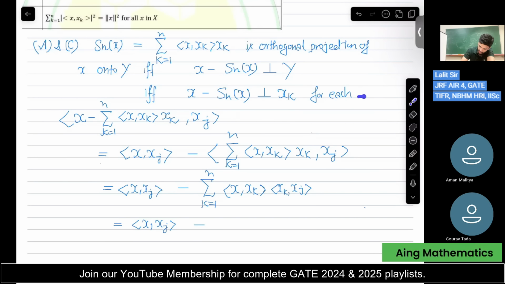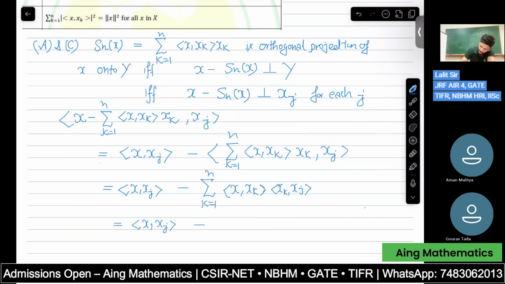Okay sir. Let me write j here also, okay? I write it above as well. So see, now we get only this from there, right? And this comes out to be 0. Why? Because this is the only term for which k equals j, we get the norm of xj, which is 1.